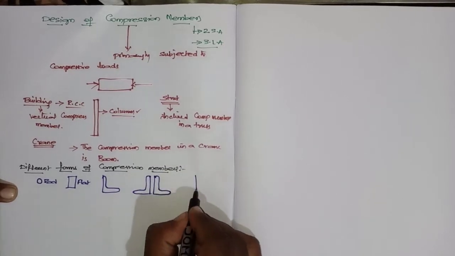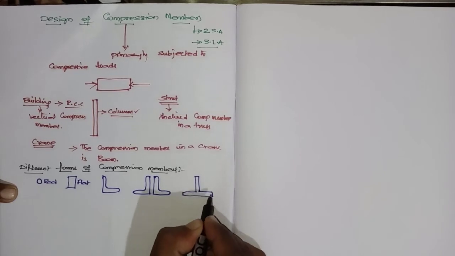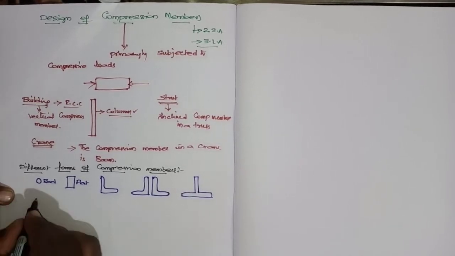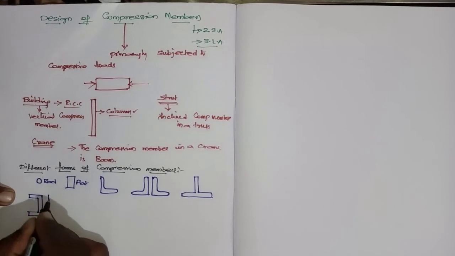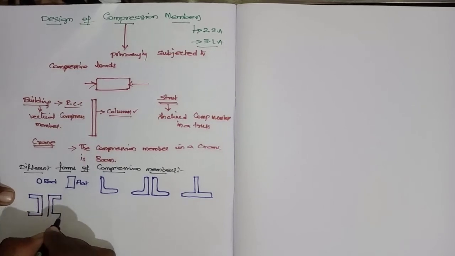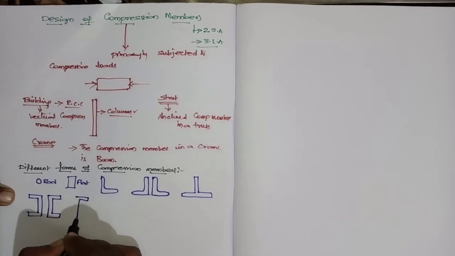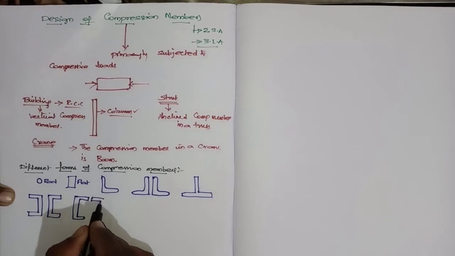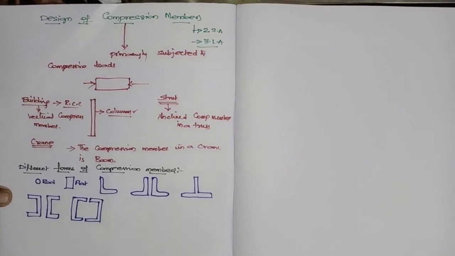A T section. Next, a double channel section, either placed back to back or toe to toe.